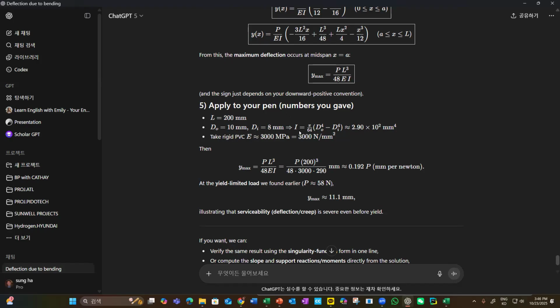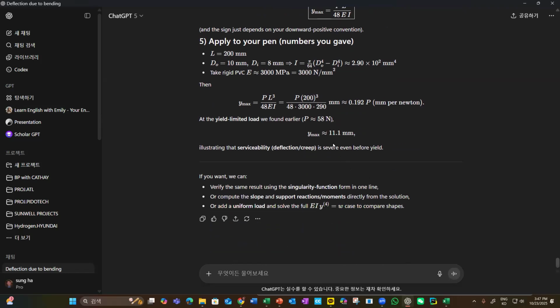So the moment of inertia is 290. Young's modulus is now 3 gigapascal. Okay, 3 gigapascal, and then deflection. Put it here, and we get 11 millimeter. Do you remember ChatGPT already expected 11 millimeter? That's what we get here.